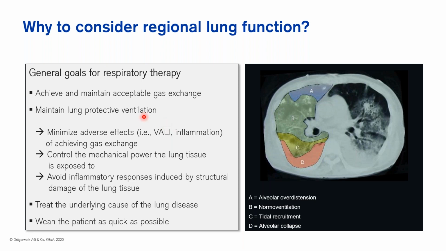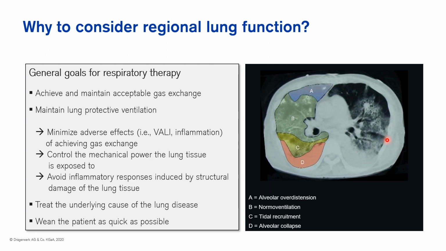If we look at the CT scan of a patient who was diagnosed with ARDS, we have areas that are aerated, so there is air in the lung. There are also areas that are less aerated.